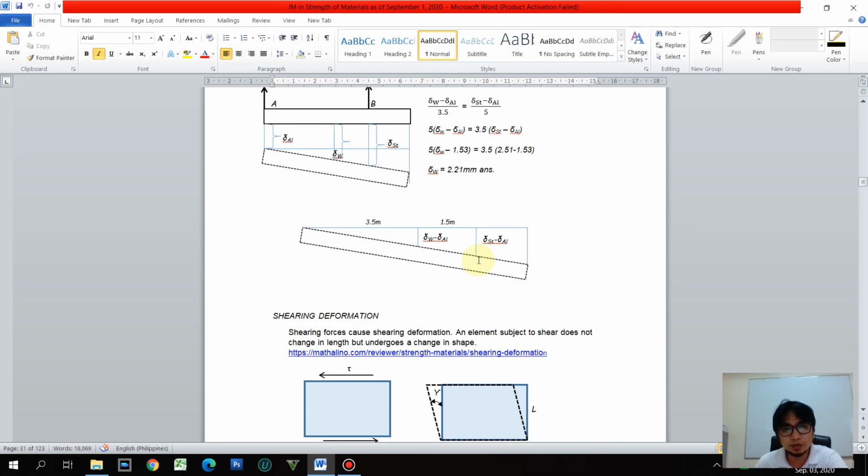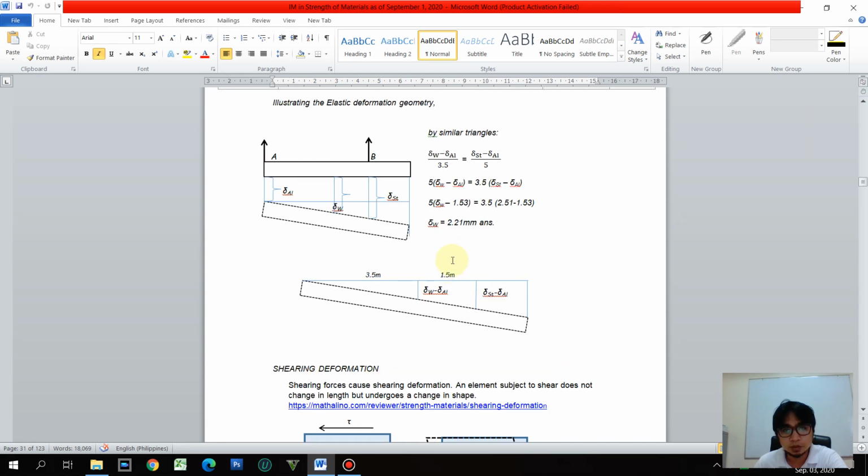Now that we have these dimensions, by similar triangles, we have delta due to weight minus delta aluminum all over 3.5 is equal to delta steel minus delta aluminum divided by 5. By cross multiplication and manipulation, we can now get the value of delta of W, which is equal to 2.21 millimeter.